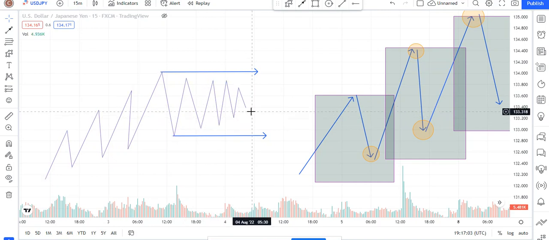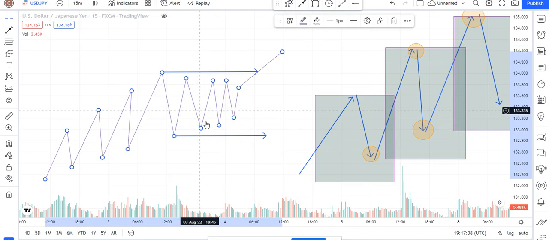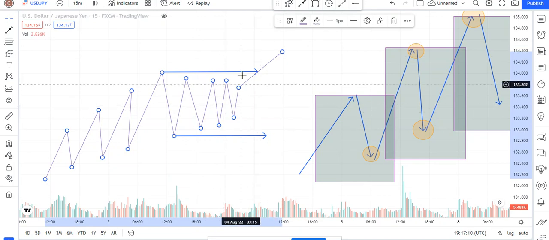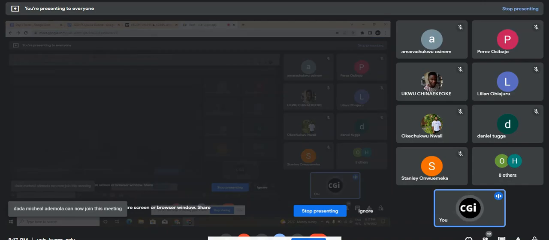We can only wait for price to either go down or go up, to either signify that we are continuing the trend or the trend has changed till further notice. Right? So that is that for anatomy of the range.